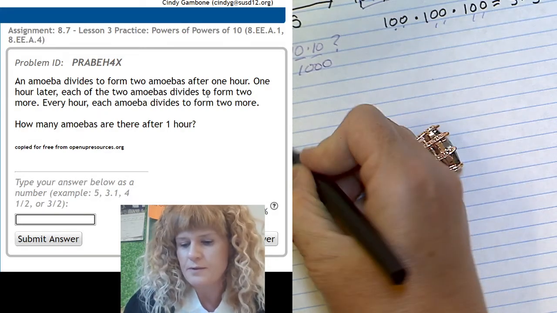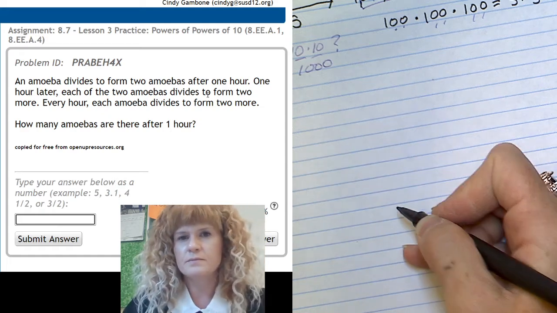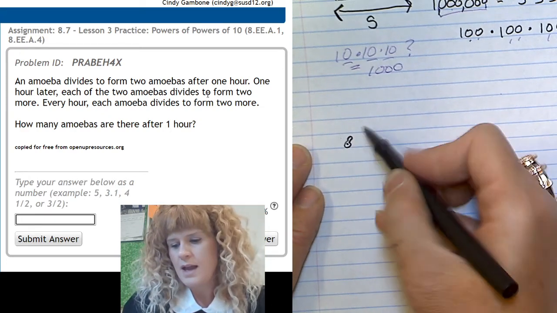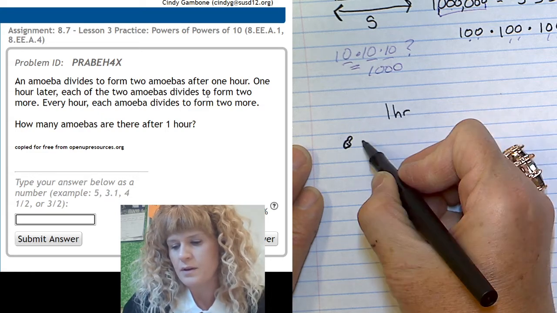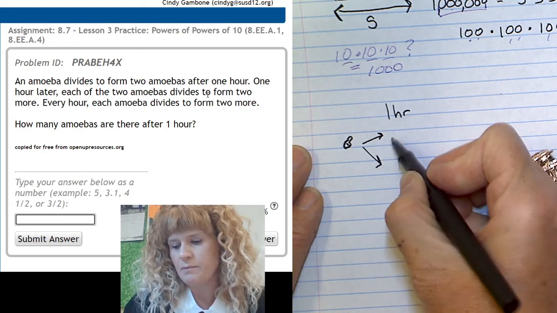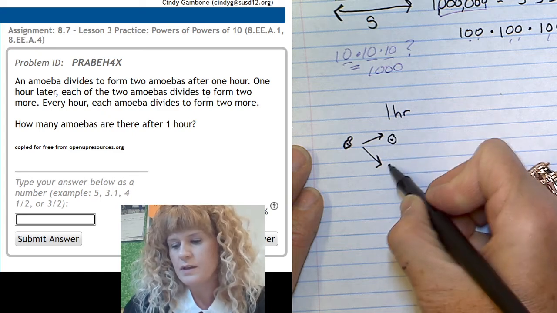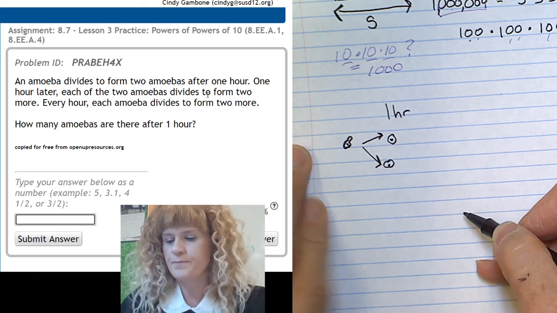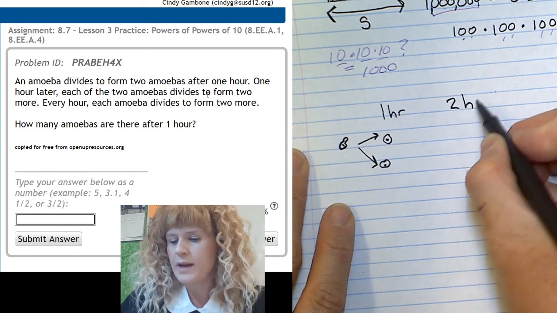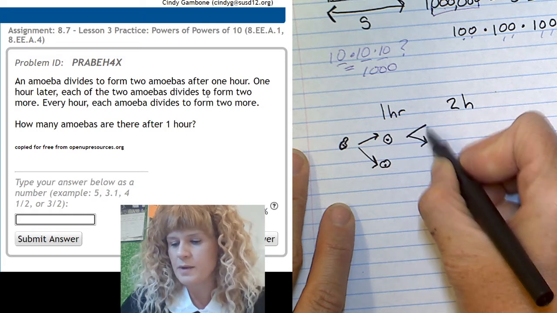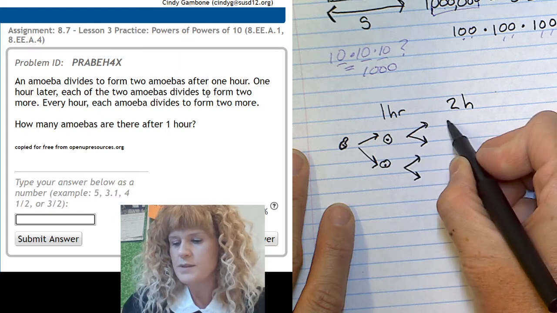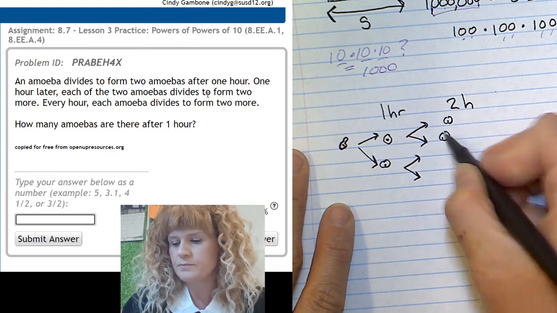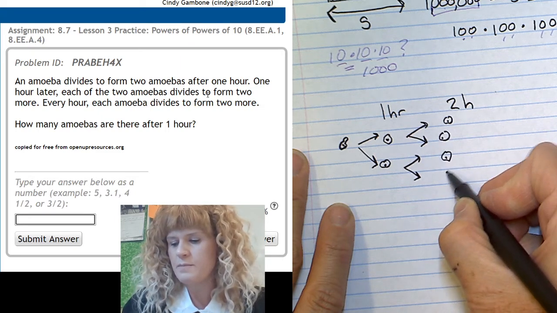I'm going to draw a picture of this little amoeba here. And he starts there. Then after 1 hour, he has divided into 2 amoebas. 1 hour after that, which would be a total of 2 hours later, each one of those has divided. So then you have 4 amoebas.